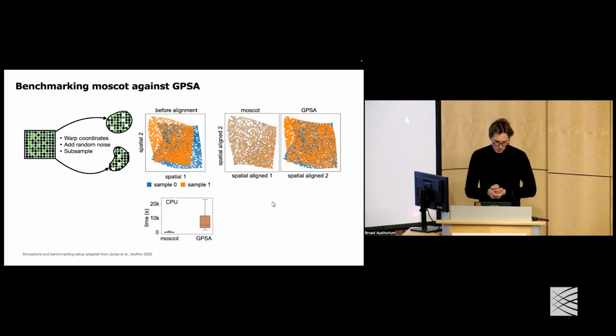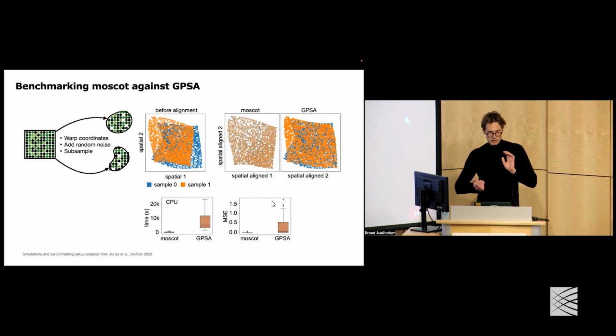But already on CPU, Moscot is quite fast for this problem, actually. And also in terms of mean squared error. So that relates to mean squared error between these two samples, because in an ideal world, you would be able to align them perfectly to each other because they originated from the same sample, right? We've just been adding random noise to them. Moscot gets a much lower mean squared error compared to GPSA.